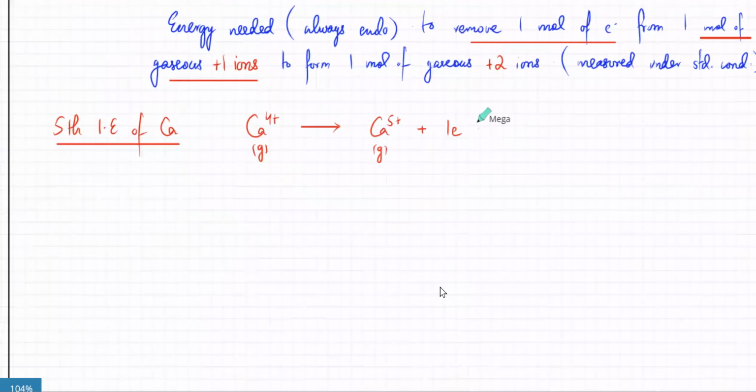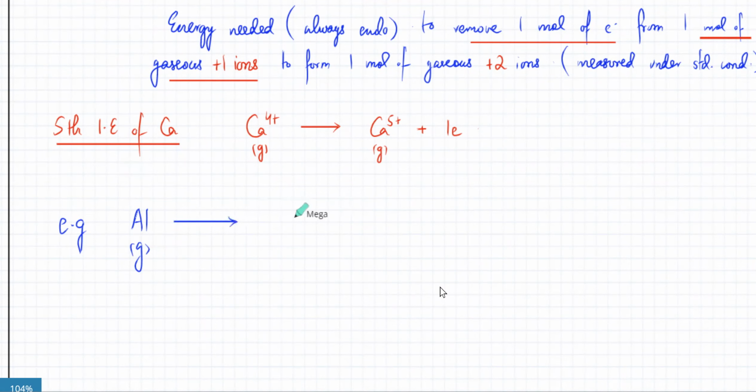Can anyone tell me, in terms of ionization energy, how do you describe this? I've got gaseous aluminium, and I removed 3 electrons.